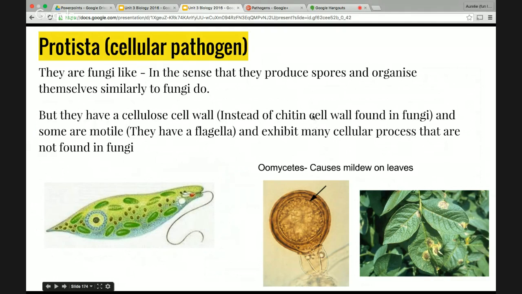Chitin cell walls are usually found in fungi. Some of them are motile as well and have a flagella, while some don't. So it's not quite a fungi, it's not quite a plant, it's something in between, which is called Protista. One example of a Protista is a homicide, which causes mildew on leaves. So if you ever see something like that in your backyard, that's most likely caused by a Protista.